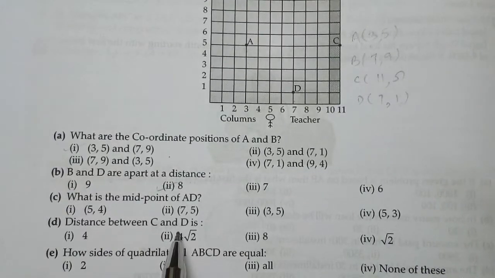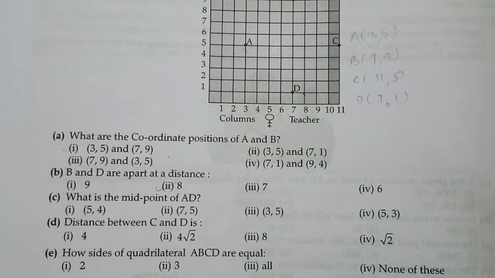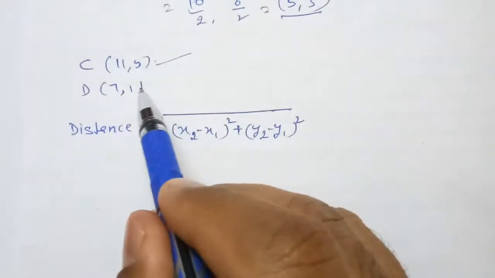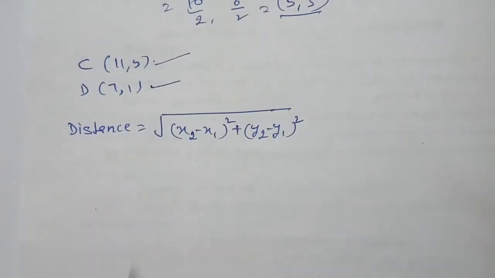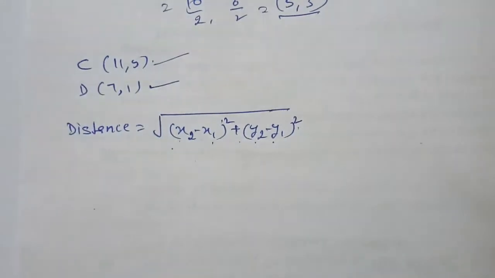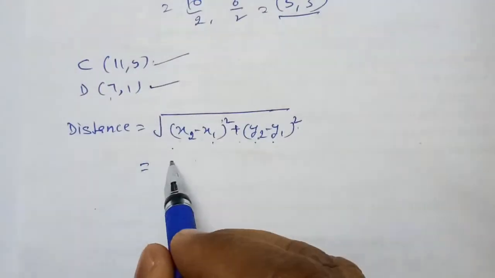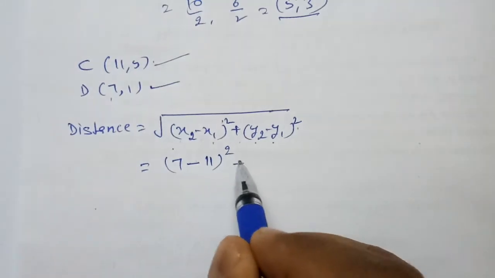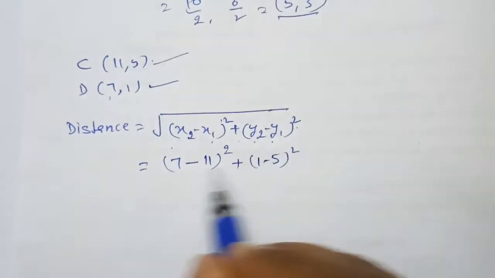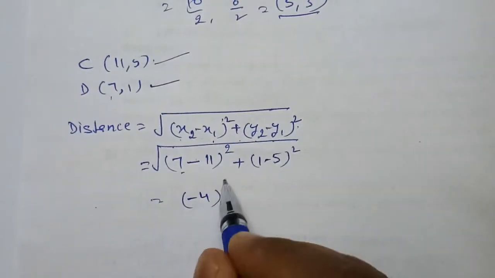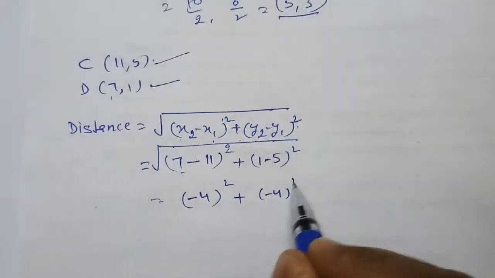Now the distance between C and D. To find the distance between C and D, we will use the distance formula. The coordinates of C are 11, 5 and of D are 7, 1. The distance formula is the square root of x2 minus x1 whole square plus y2 minus y1 whole square. Here x2 is 7 and x1 is 11, so 7 minus 11 whole square plus 1 minus 5 whole square. 7 minus 11 becomes minus 4, whole square, and again minus 4 whole square.